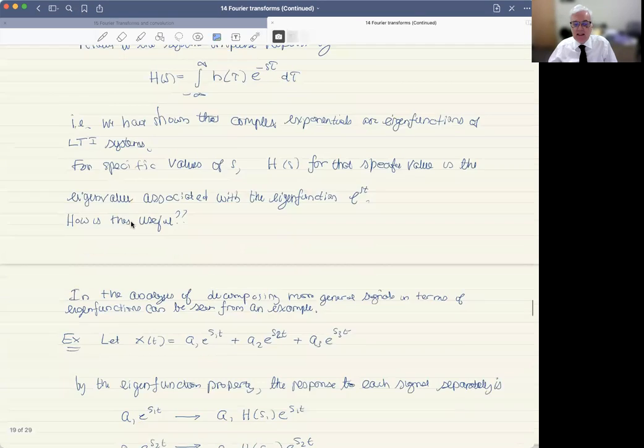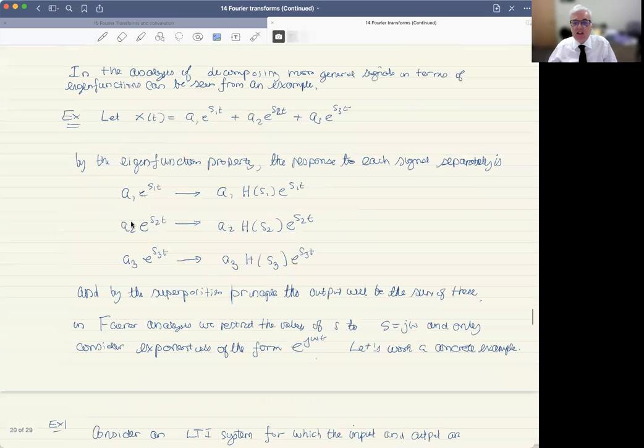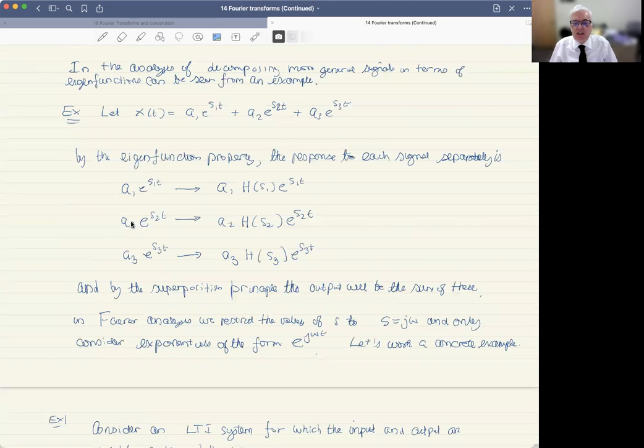Then what I go ahead and do in the rest of the notes is look at some specific examples. I basically show that if you've got a composite signal consisting of different exponentials, then you can use the superposition principle, and the outputs are also determined by the superposition principle.